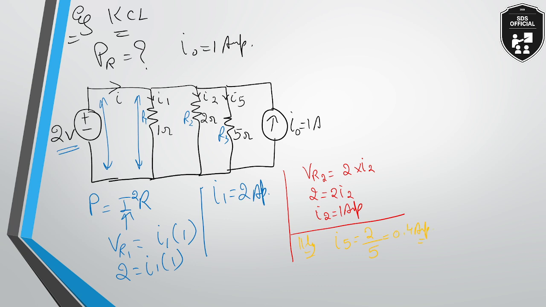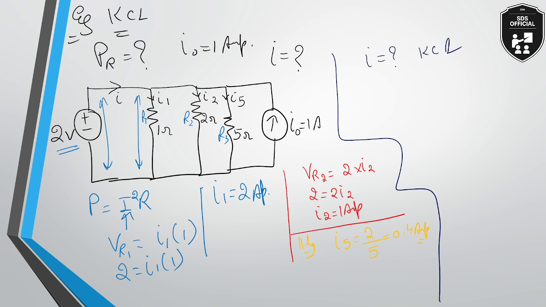One thing I have missed in the question is you also have to find out the value of I. Apply KCL for finding out the value of I. Where will you apply KCL? At these nodes.